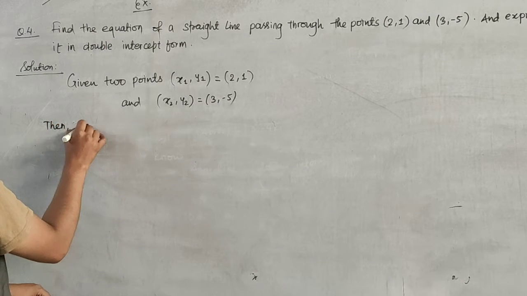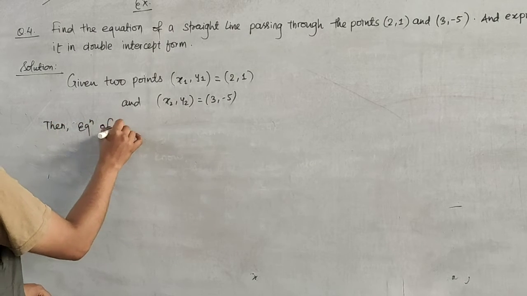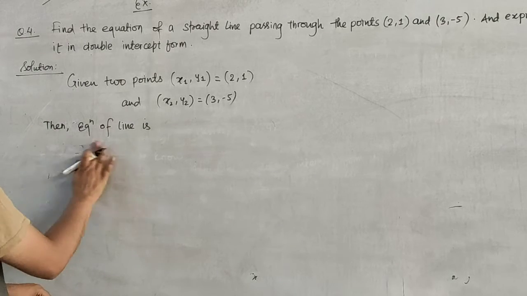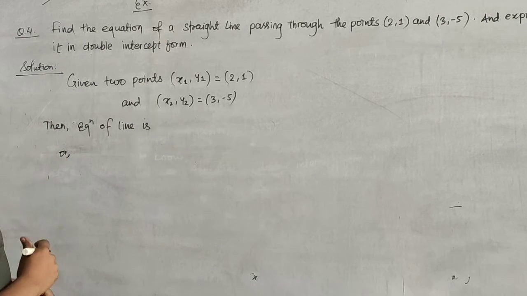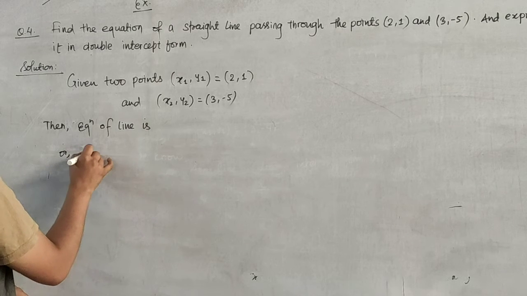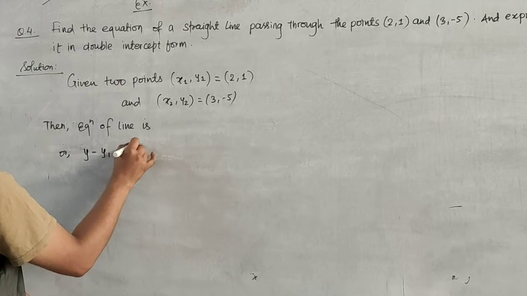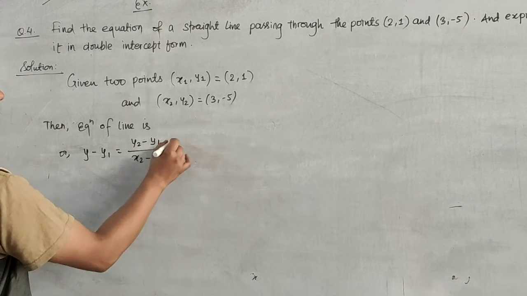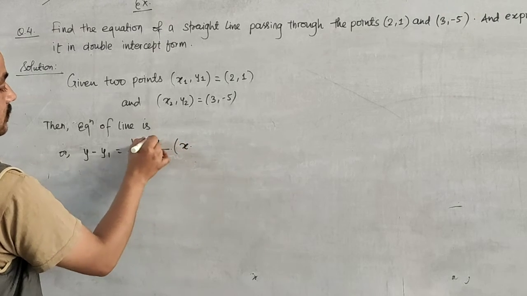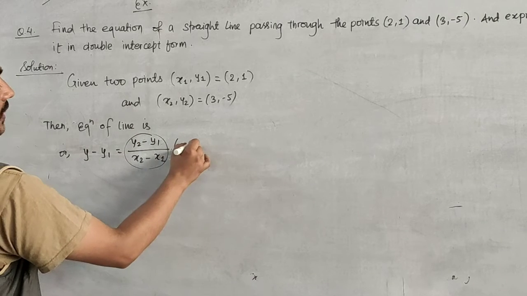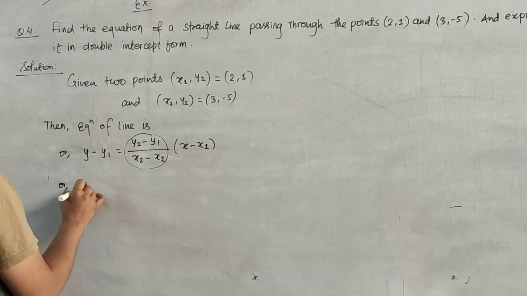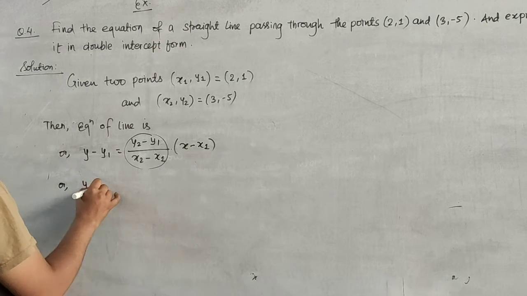Then the equation of line through two points is y minus y1 equals y2 minus y1 upon x2 minus x1 times, it is the slope, x minus x1.